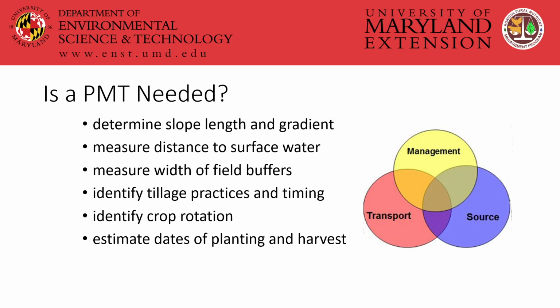The width of the field buffers. You'll need to know details about tillage practices and timing. You'll have to learn how to run the RUSLE2, the Revised Universal Soil Loss Equation calculator, to find erosion. And then crop rotations, estimated dates of planting and harvest, all that goes into that RUSLE2 equation to find erosion.